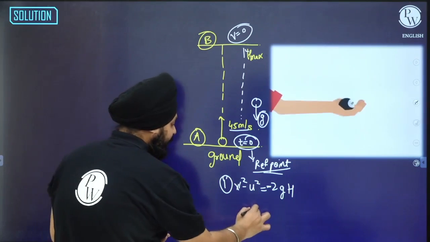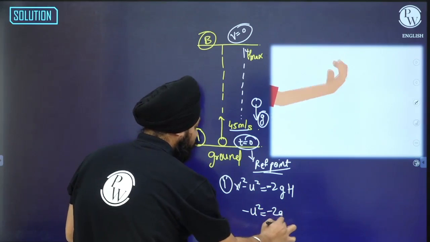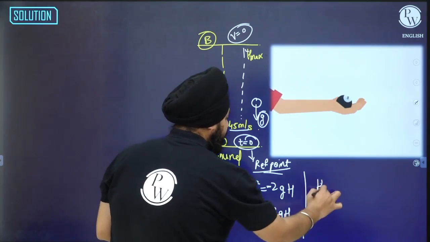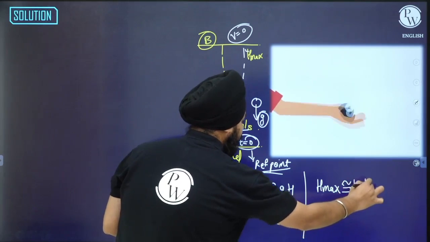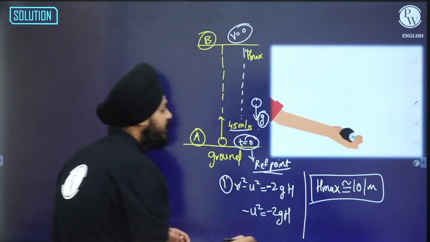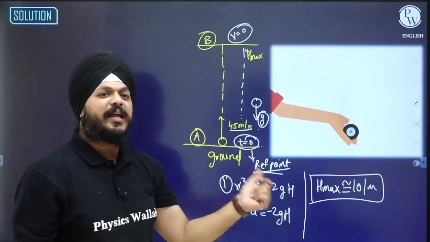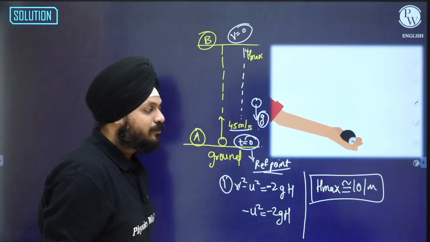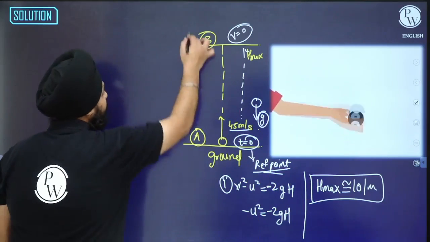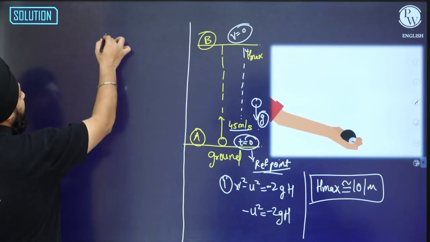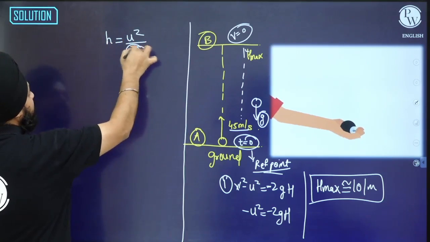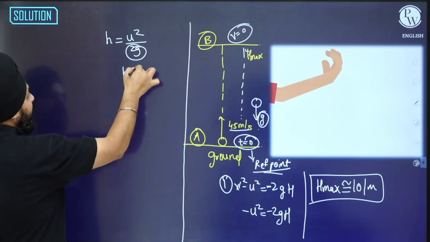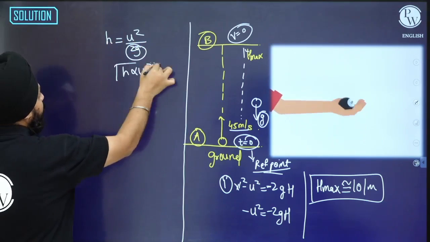So here we are getting negative of u square is equal to negative of 2gh, and here the max height appears nearly equivalent to 101 meter. Now, if you can see this equation, guys, analyze it. See, h is equal to u square by 2g. 2g is constant, h is directly proportional to u square.